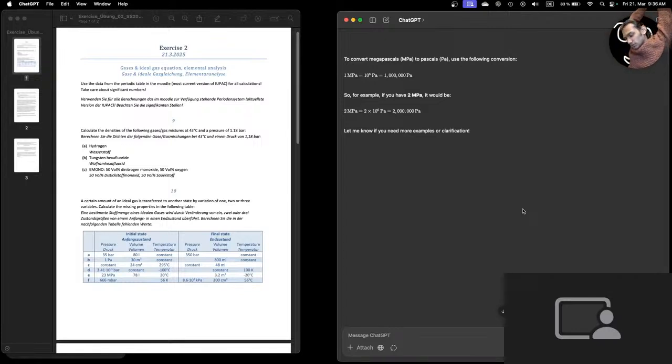And the last part. In the last part, we are missing V1. V1 equals P2 by P1 into T1 by T2 into V2.